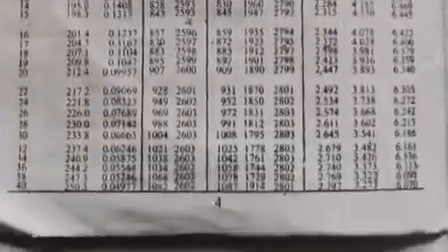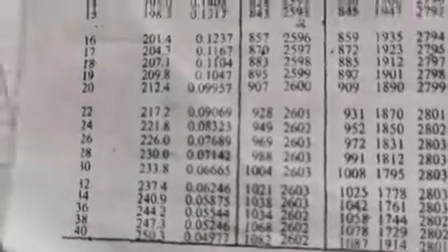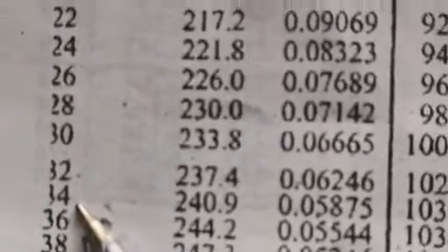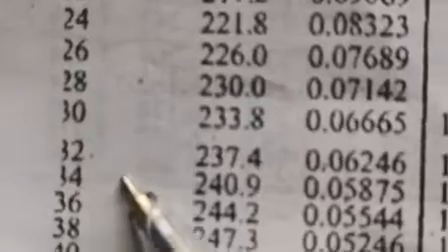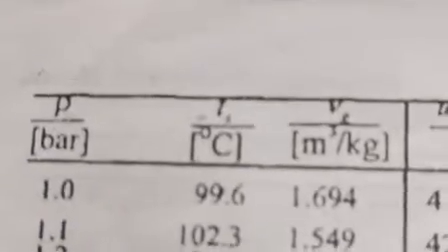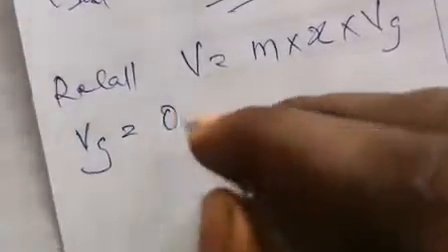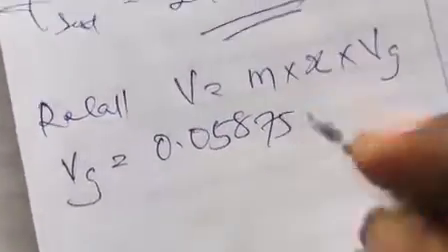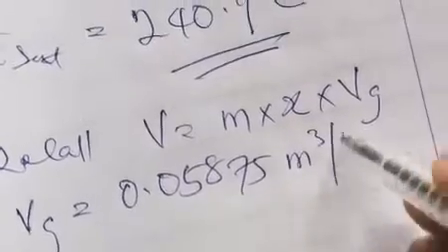Looking up the steam table, we look for the volume of the gas at 34 bar, which is 0.05875 meters cubed per kilogram.